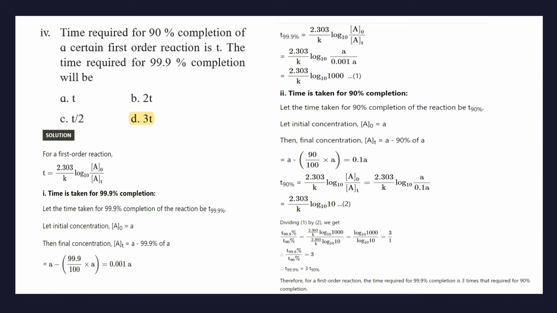In the first case, time is taken for 99.9% completion. Let the time taken for 99.9% completion of the reaction be T 99.9%.